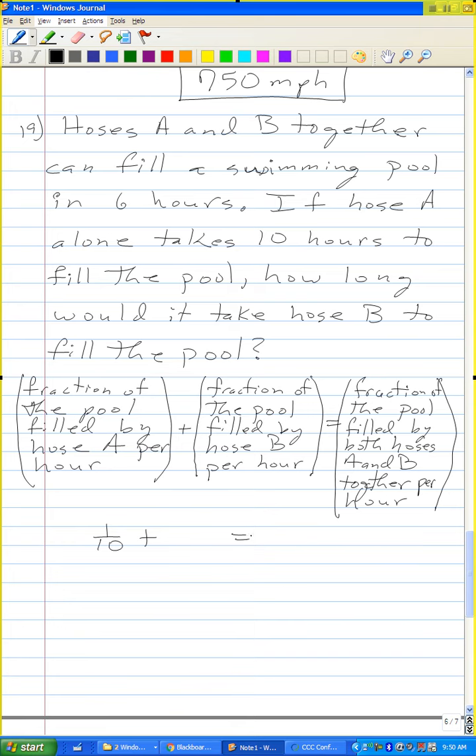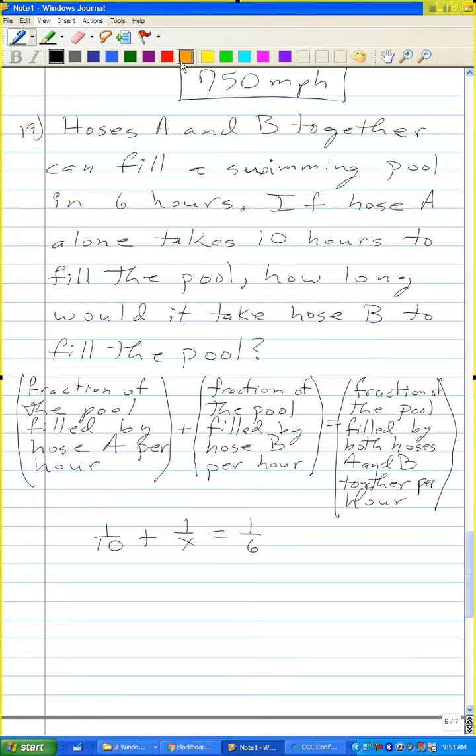Fraction of the pool filled by both hoses A and B together: well, hoses A and B together can fill the swimming pool in a total of 6 hours, so they can fill 1/6 of it per hour. Suppose that hose B takes x hours to fill the pool. Then it can fill 1 over x of it per hour.